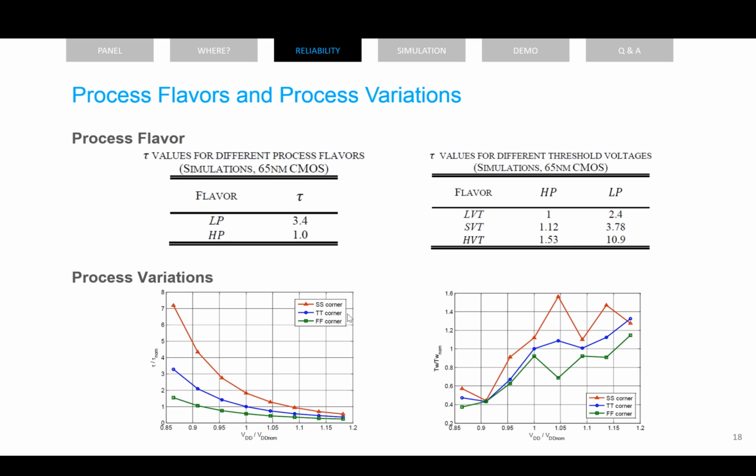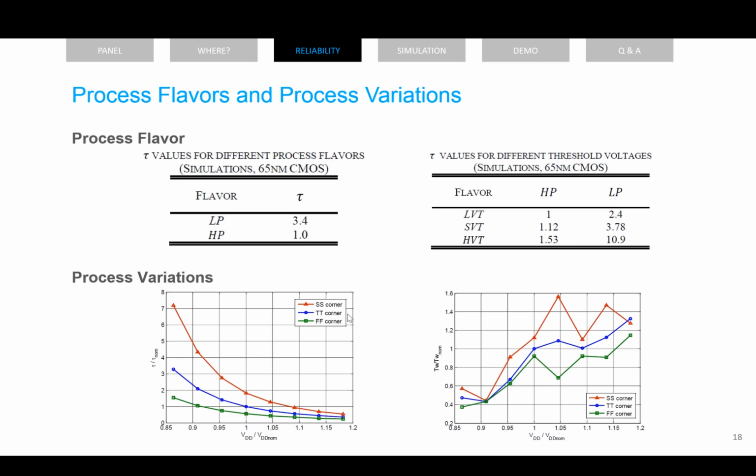So you see on the right table that we have influence both from the process flavor going from HP to LP, and also when changing the different thresholds of the transistor you're using for the flip-flops, from low VT, standard VT, and HVT.